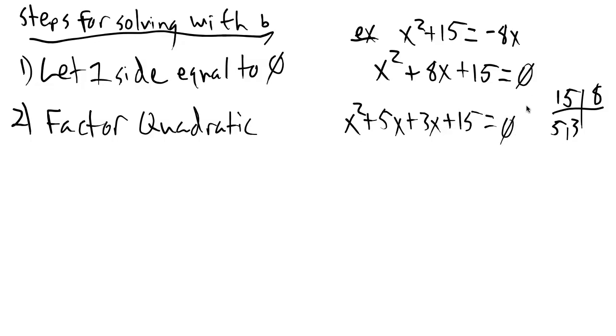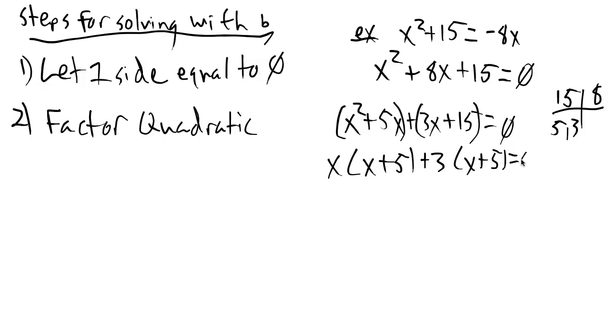We're going to keep bringing this 0 down to remind us that it's there. Put those in parentheses, factor an x out, we're left with x plus 5. Factor a 3 out, we're left with x plus 5. So this becomes x plus 5 times x plus 3 is equal to 0.